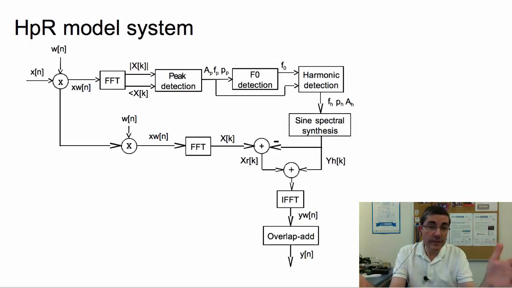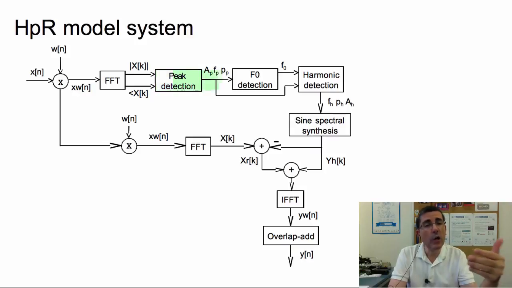So the whole system, if we put together all this analysis in a frame by frame type of thing and put it together into a whole analysis synthesis system, we get this block diagram in which we start from the signal x of n, then we window it, we compute the FFT, obtaining the magnitude and phase spectrum, we detect the peaks.